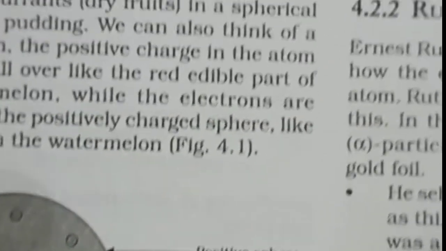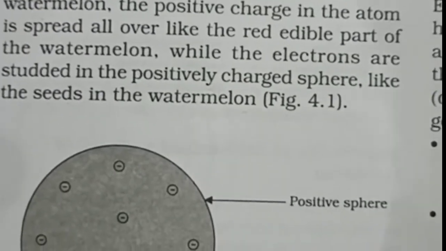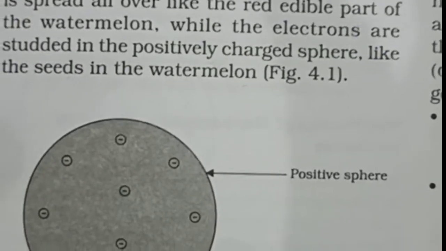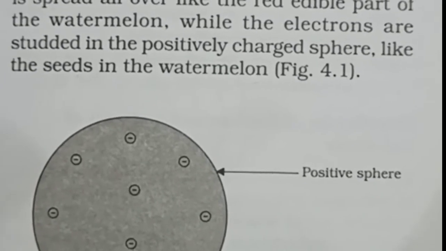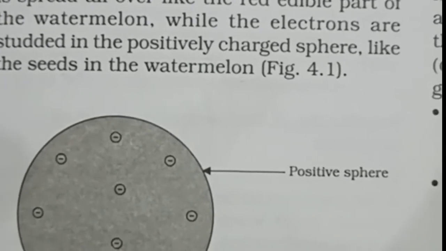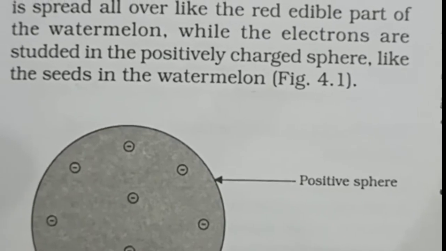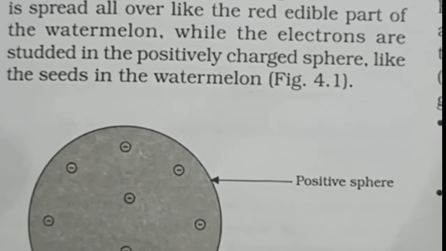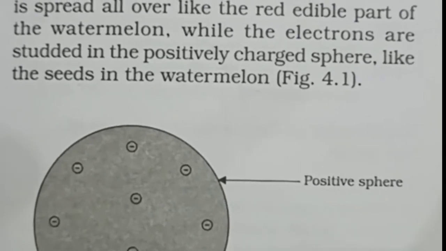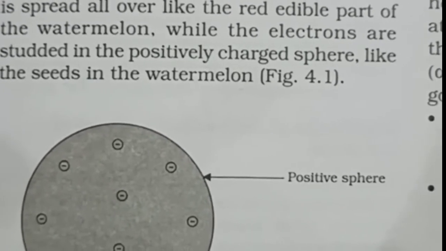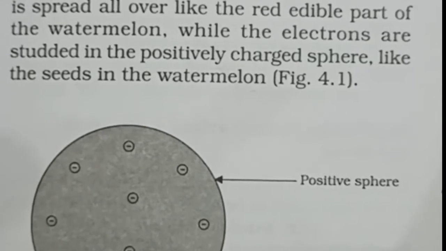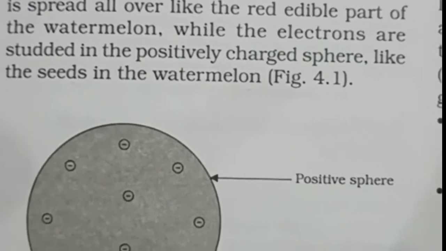So when he proposed the model of an atom, he considered that the atom has electrons and protons. At that time the neutron was not discovered. So he said that this atom is like a Christmas pudding.